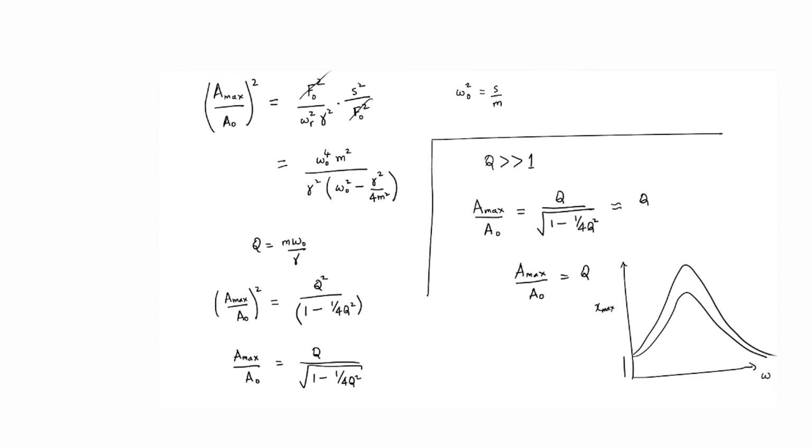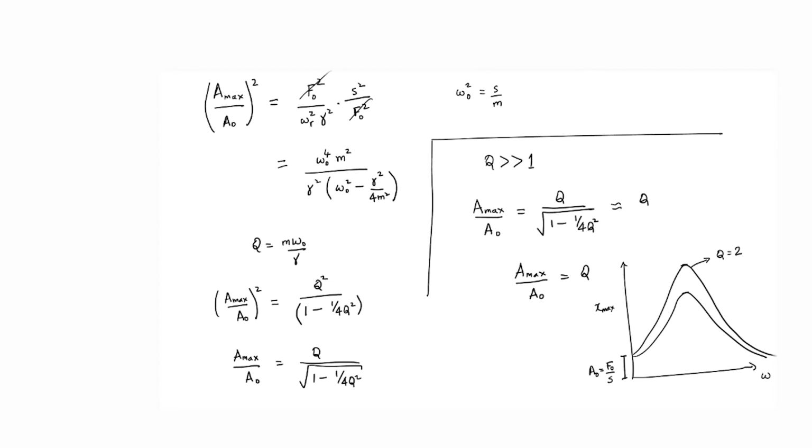So, this value could be the reference value, which is A 0 equal to F 0 by S, and every other peak here is written in terms of this reference value A 0. For instance, this curve could be the case of Q equal to 2. So, which would mean that the peak here is twice this value, and so on.